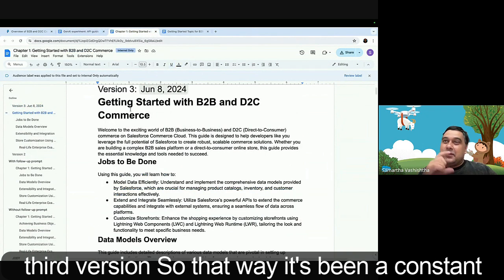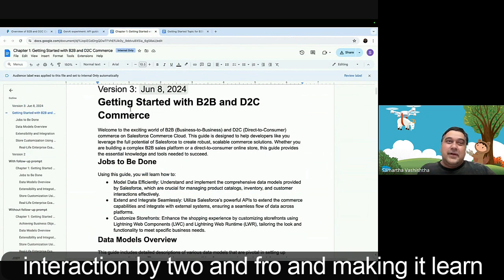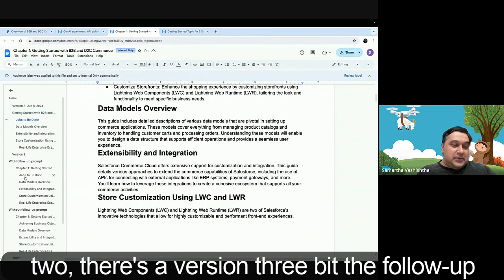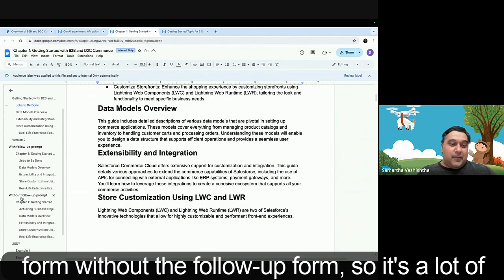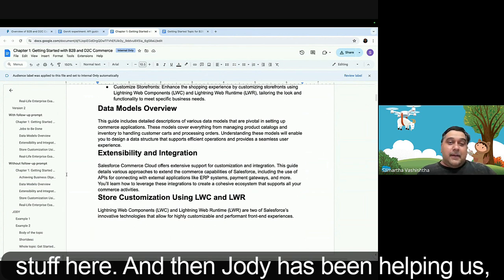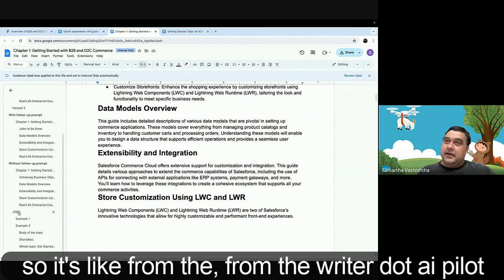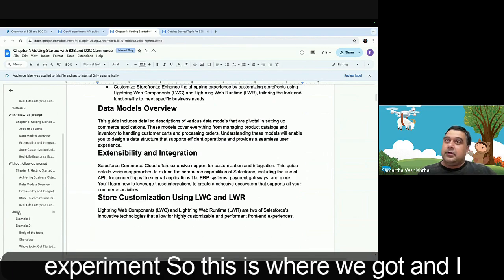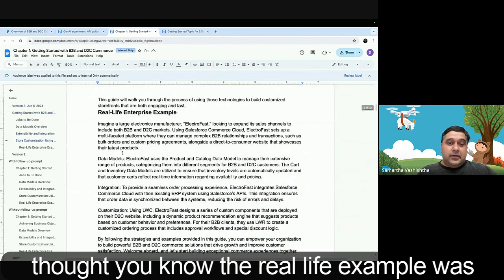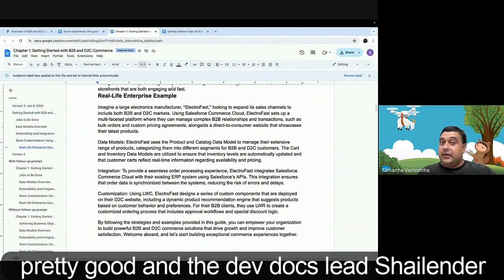So it's been a constant interaction, to and fro, making it learn through the process. If you look at this, there's a version 2, and a version 3 with the follow-up prompt, and one without the follow-up prompt. So there's a lot of stuff here. And then Jody Blyle from the Writer.ai pilot experiment has been helping us. This is where we got, and I thought the real life example was pretty good.